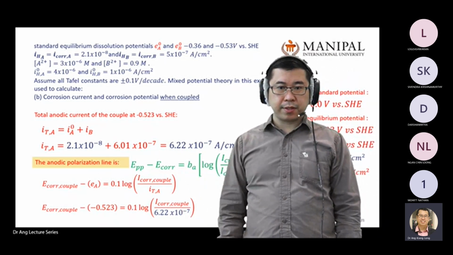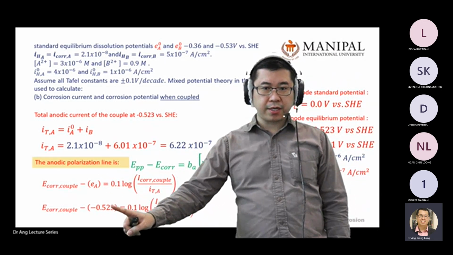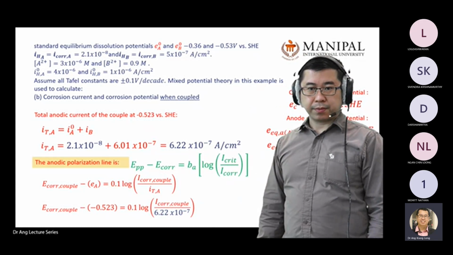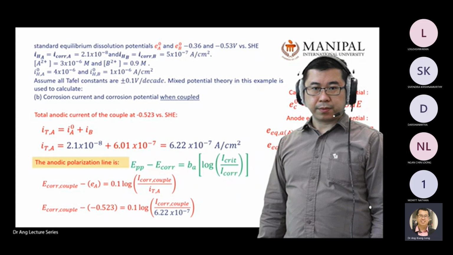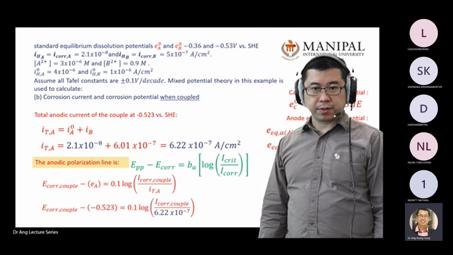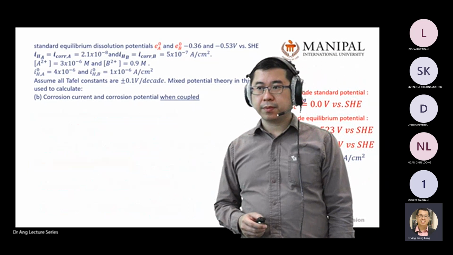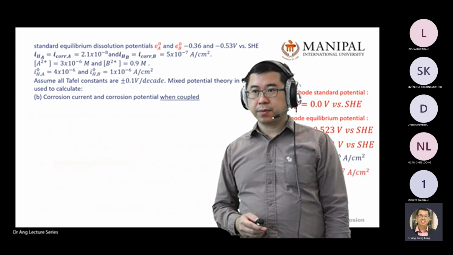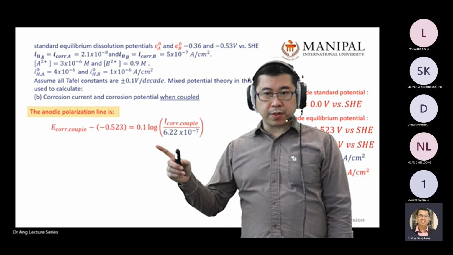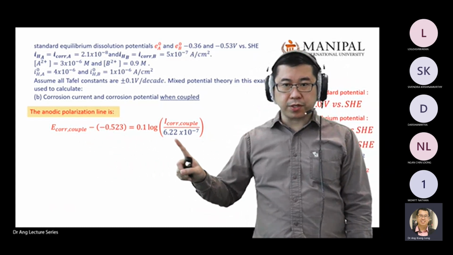This one over here, EA given, you already calculated in section A. Right, this one is for anodic polarization. So this is what we arrived at just now. Anodic polarization gives you this equation.